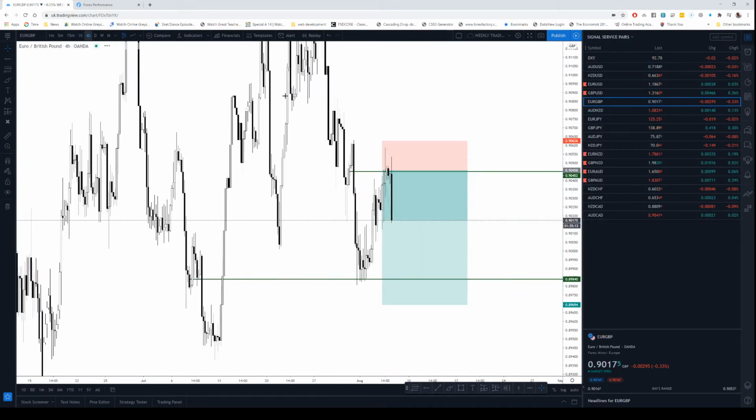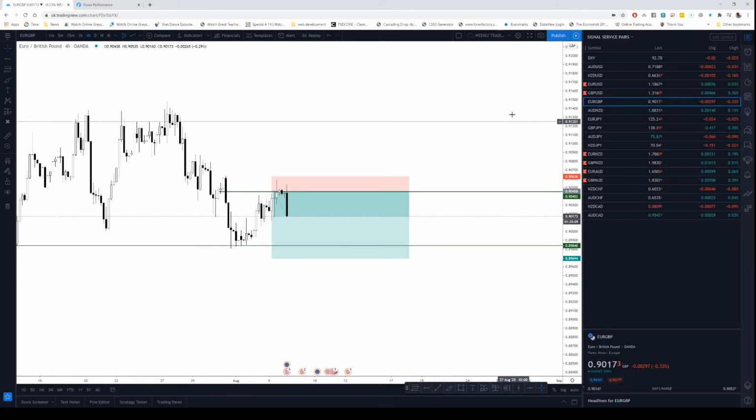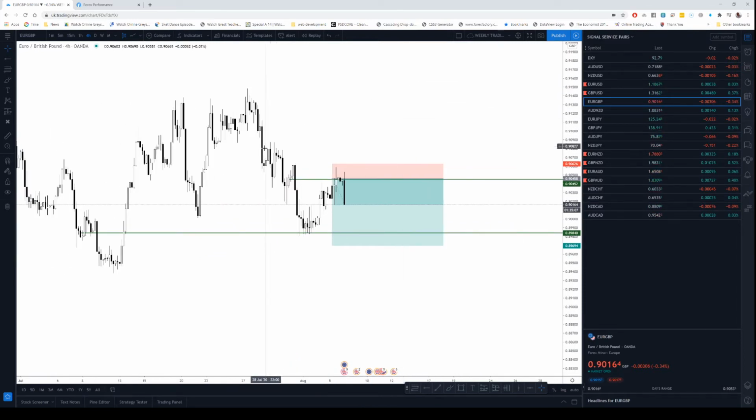All right, so if we jump onto the 4-hour, now you can see that we had a low here, we had a high, and then we broke down. So that is the beginning of a new downtrend on the 4-hour.